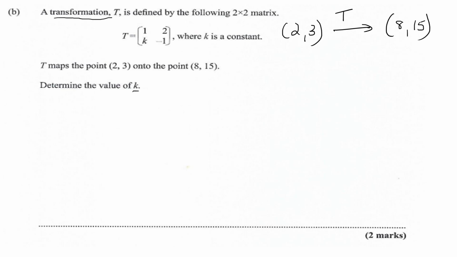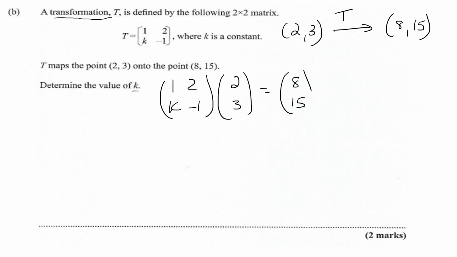So it would be 1, k, 2, negative 1 being multiplied by 2, 3, and you'll get 8, 15. So we have to multiply this matrix here. It's row by column.